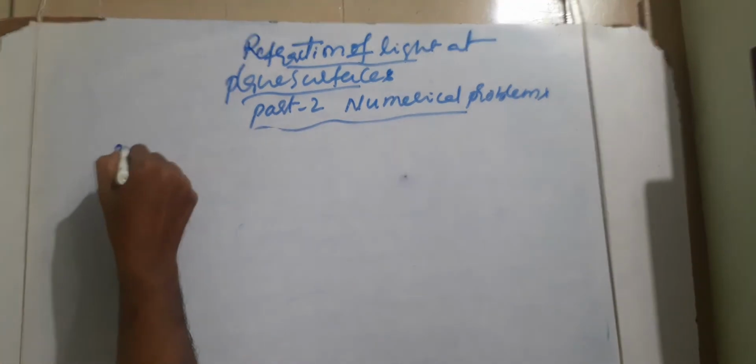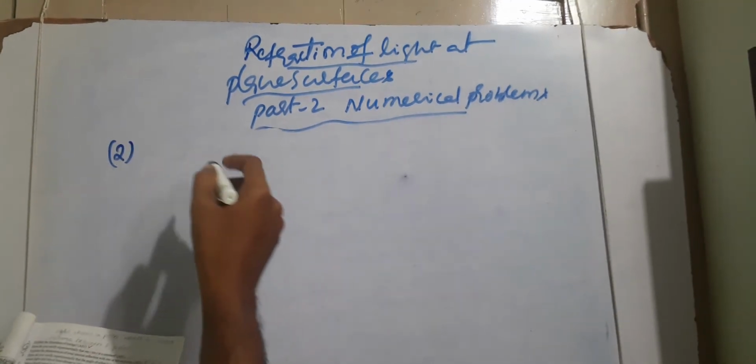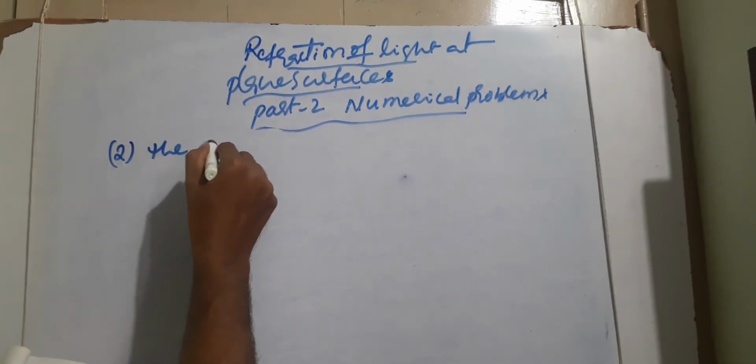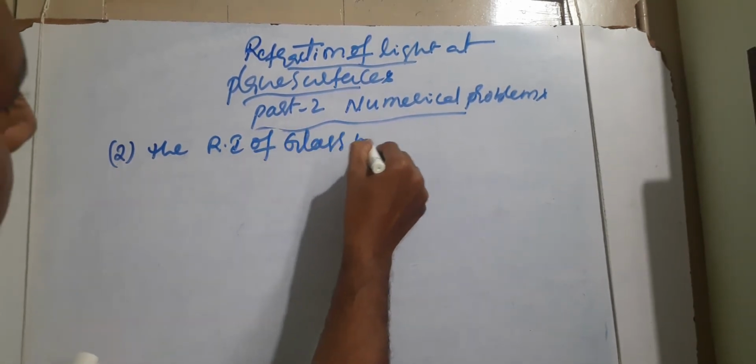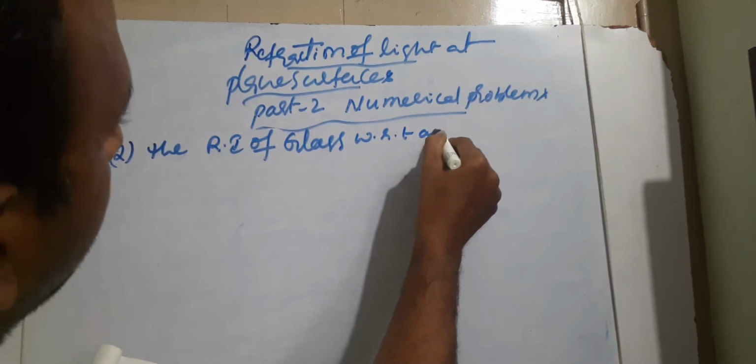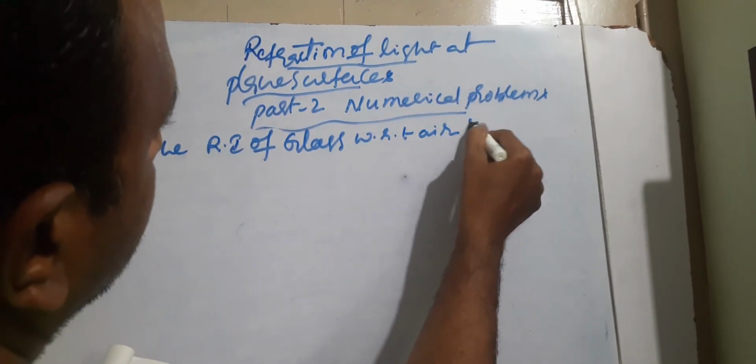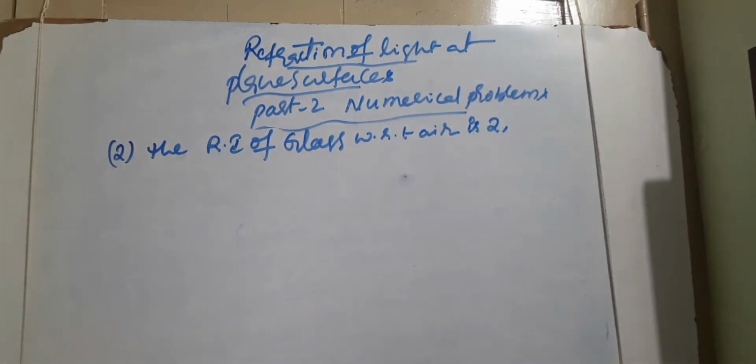Next one. The refractive index of glass with respect to air is given as 2.